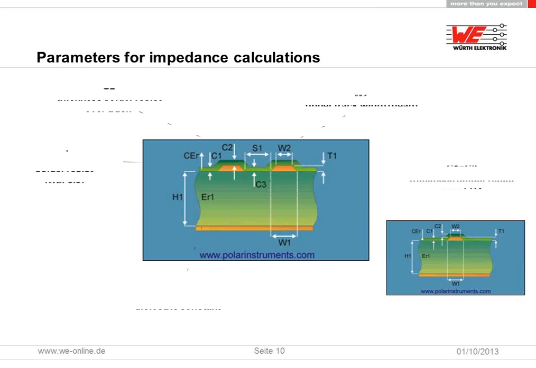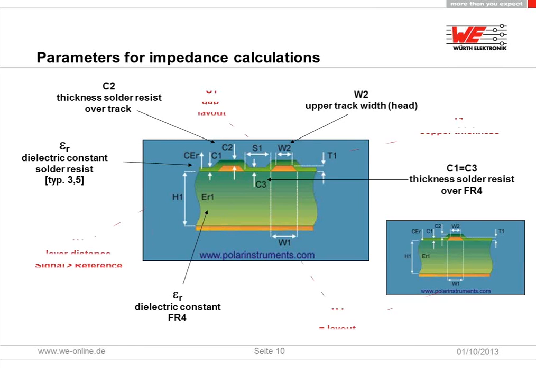But I want to show now the black values, which are covering mainly material and process issues, which could not be changed very much, but the red ones, these are covering design and layout routing issues, and we have to have a close look at these parameters.